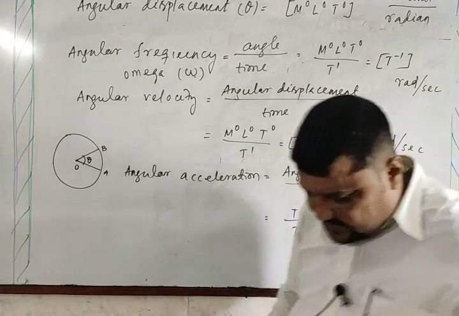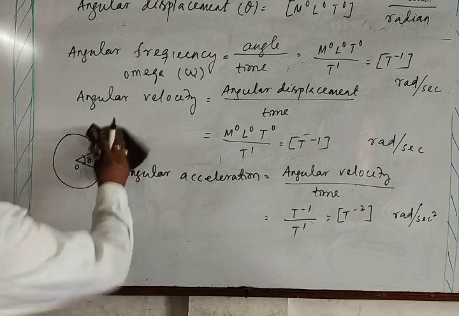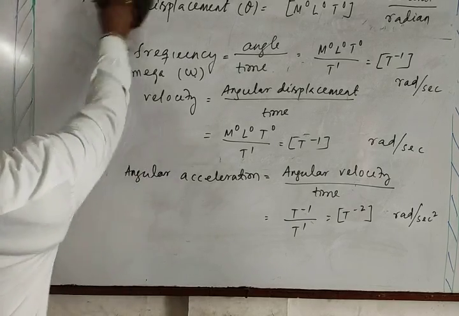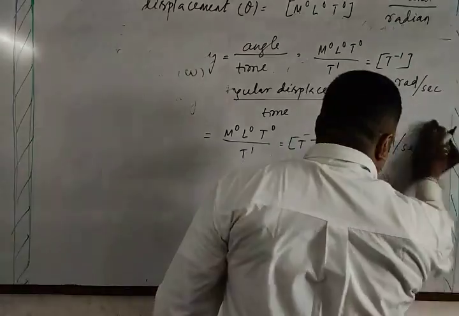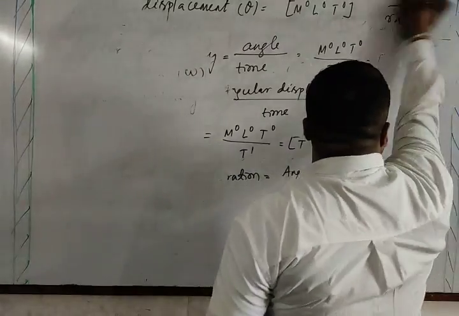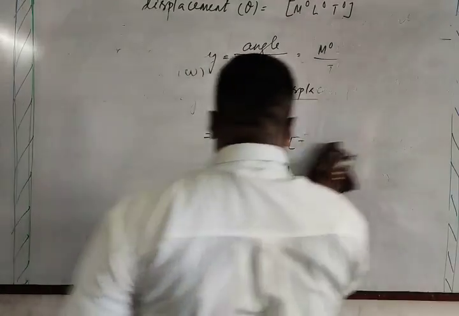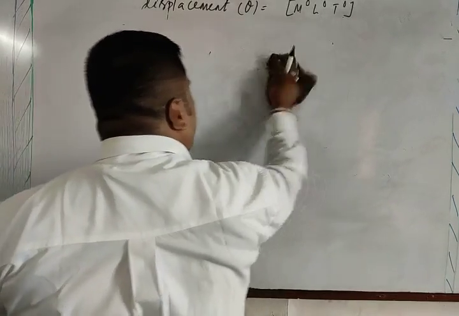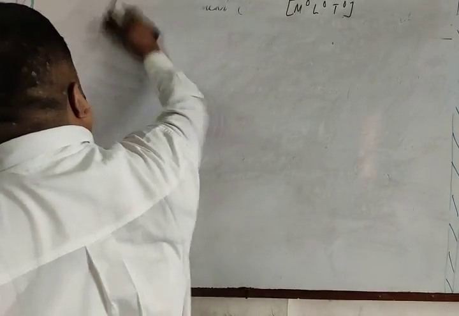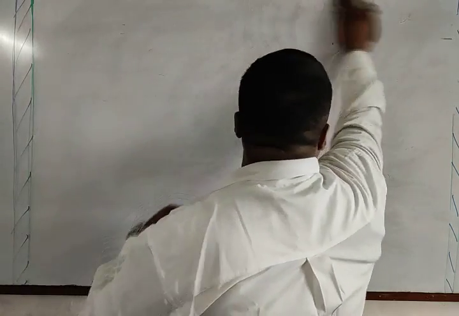Similarly, another quantity is called your moment of inertia. In the same rotational motion, we go for another physical quantity, that is called your moment of inertia. So what is this moment of inertia? Like in your translatory motion, when you read about Newton's law, from there you know inertia. What is inertia?